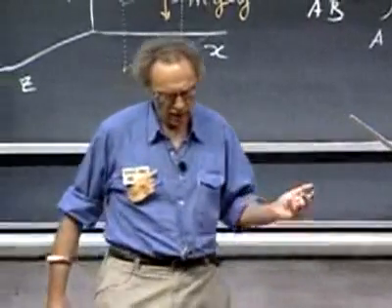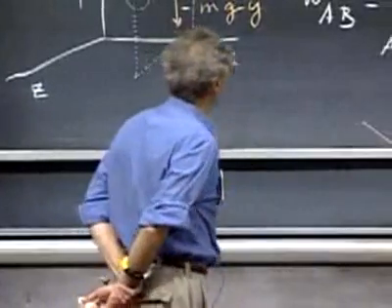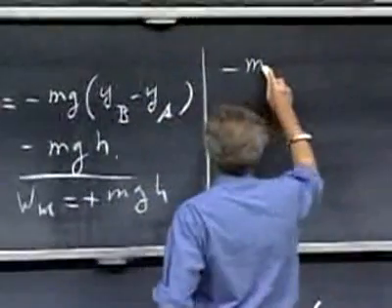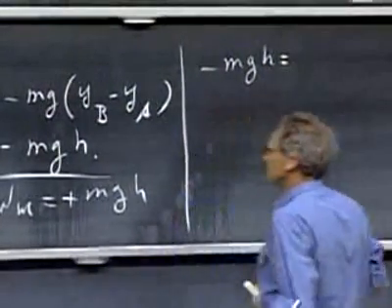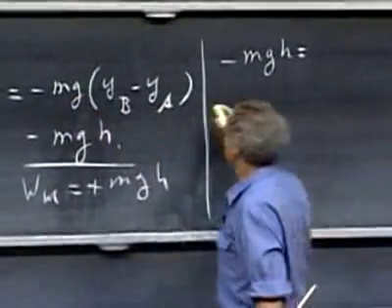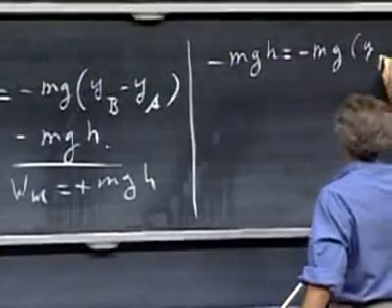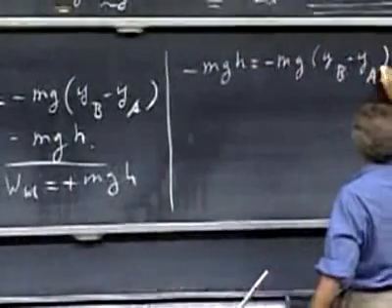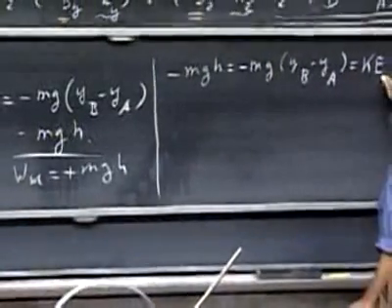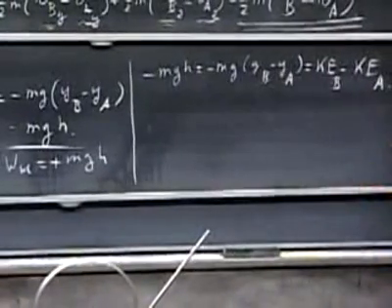Again, I'm going to concentrate now on a case where we deal with gravity only. When there's only gravity, then we have that minus mgh is the work done going from A to B, which equals minus mg times y of B minus y of A. And that now is the kinetic energy at point B minus the kinetic energy at point A. This is the work-energy theorem.